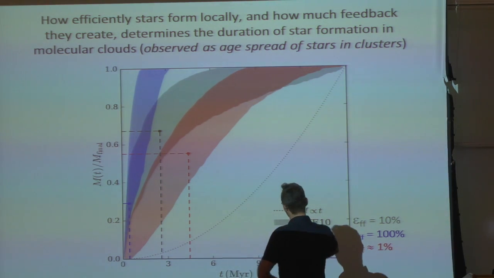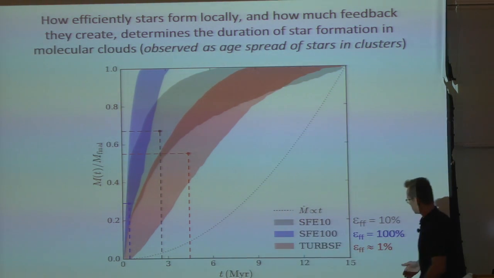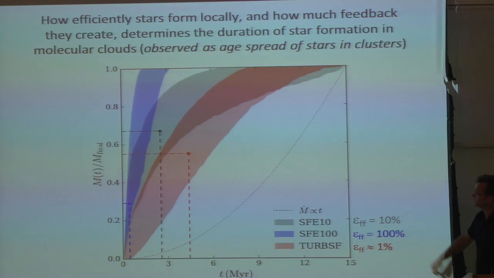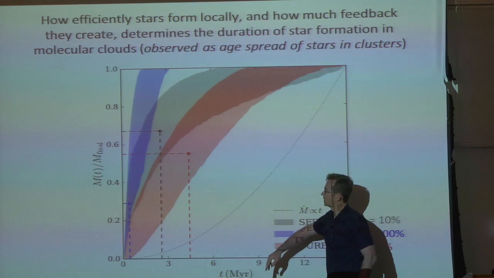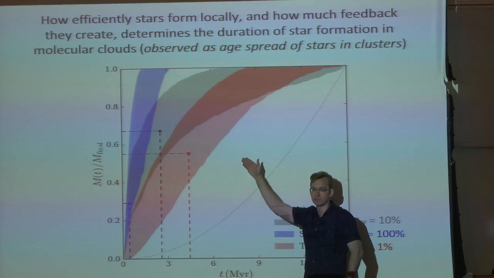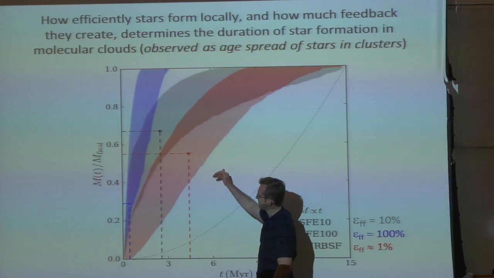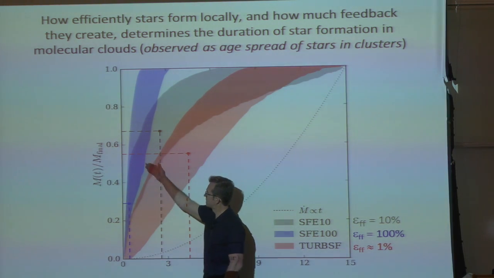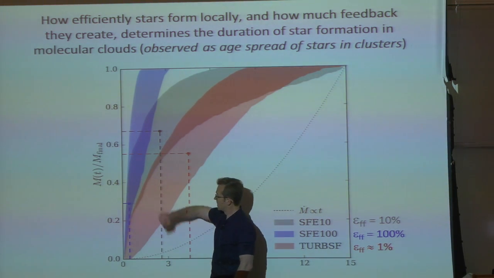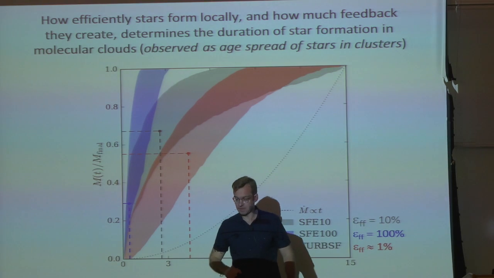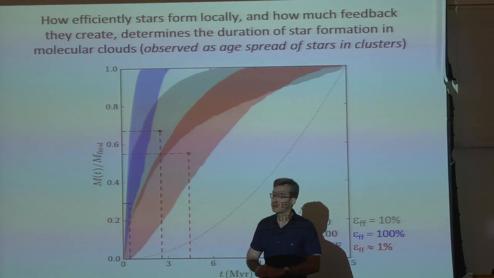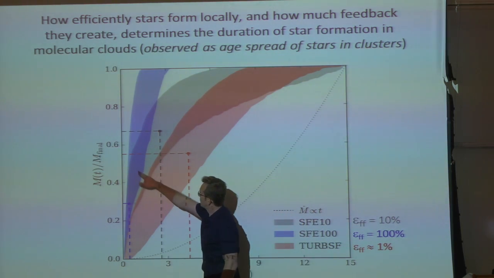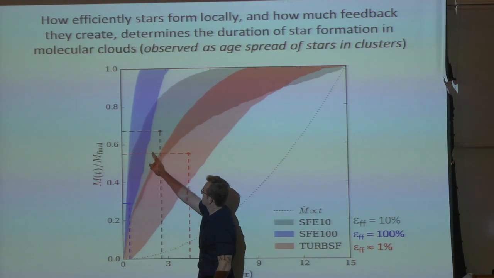And here's comparison of several models of efficiencies of 1%, 10%, 100%. And of course, the formation time shown here for a distribution of clusters. And let's just look at the median, where this one is 50%. It doesn't scale linearly with this epsilon freefall, but it scales some. And this is 100% efficiency, 10%, and 1%.